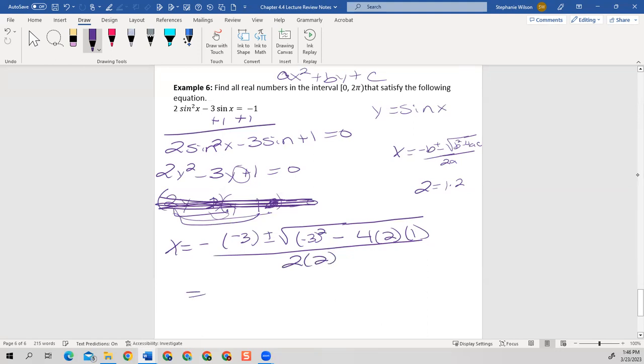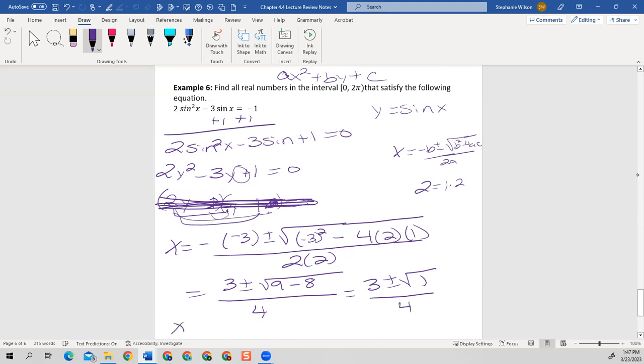So negative times negative is a +3. -3 squared is 9. -4 times 2 times 1 is -8, all over 2 times 2, which is 4. So now I have 3 plus or minus the square root of 9 minus 8, which is 1, over 4.